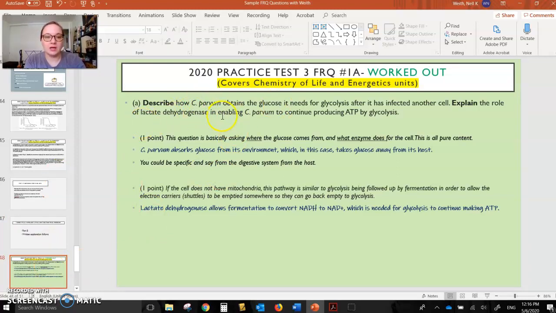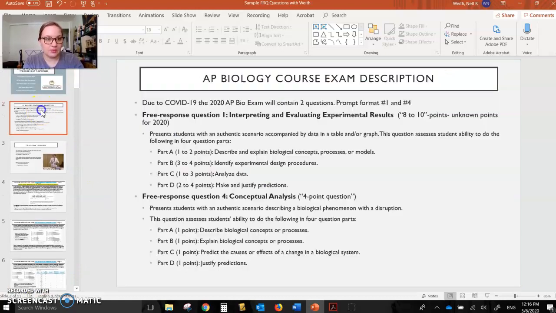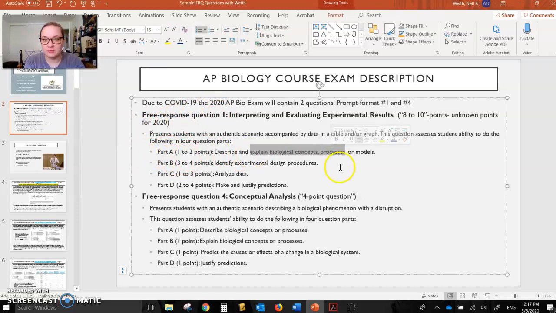In a style number 1 FRQ, A is describing and explaining concepts about biology. It's just content regurgitation being applied to this scenario. So that's one where it's good to maybe have your notes with you to double check, and usually you guys know this stuff by now, you're probably going to get it.